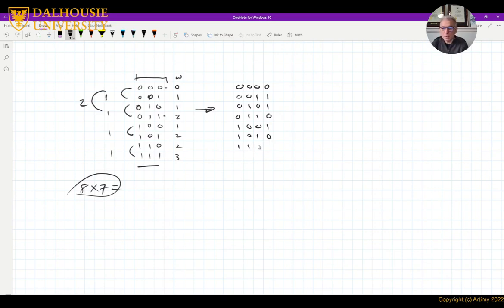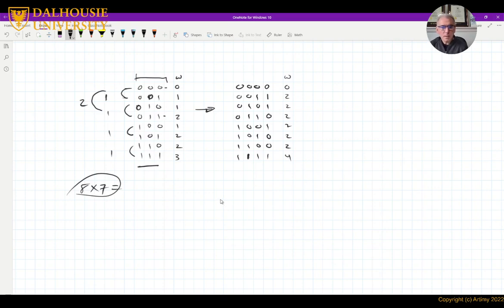And 1, 1, 0. And finally 1, 1, 1, we add 1. So this is my new system. What is the weight? The weight is 0, 2, 2, 2, 2, 2, 2, 4.